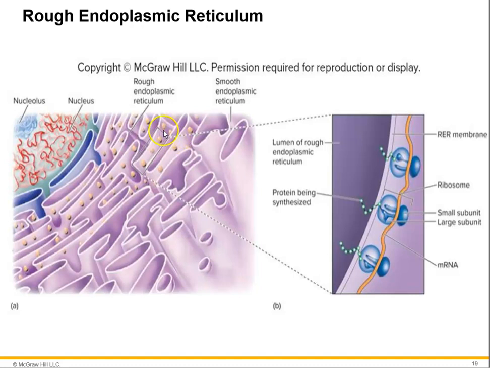And then if you zoomed in on the rough endoplasmic reticulum here, the portion that has ribosomes, and you looked really closely, you would see here is a ribosome, right? You have the small subunit and the large subunit. And coming off of here is the protein that's being synthesized. And it's being synthesized from this strand of mRNA.